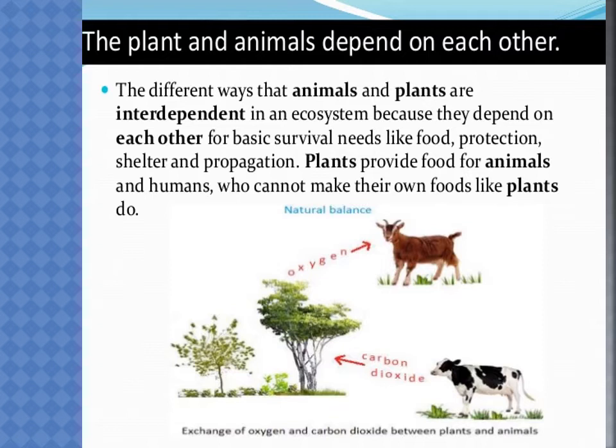Some animals, like squirrels, eat fruit, and the seeds go to another place when they come out.